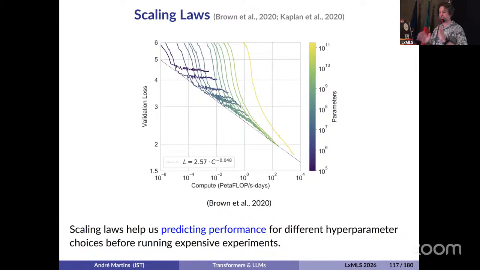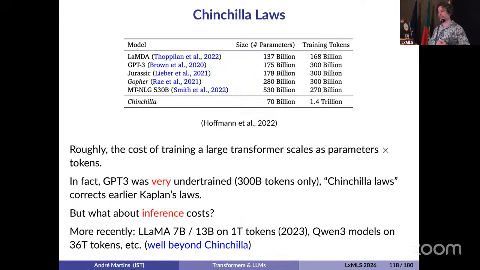This was a bit questionable, and at this stage, people were also neglecting the inference costs. Once you are done with your model, you have to deploy it. That is going to consume resources. If models are very big, then you're going to pay a price at test time.